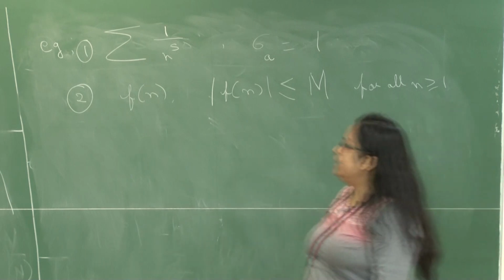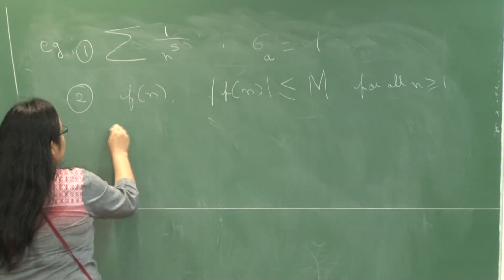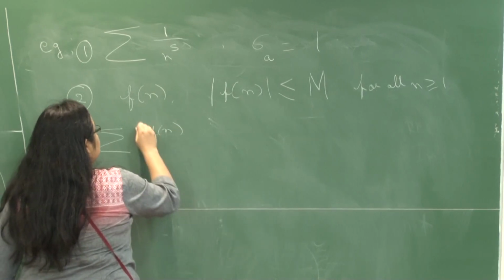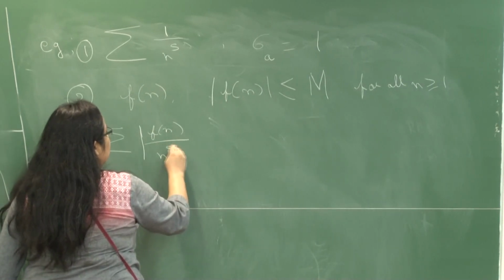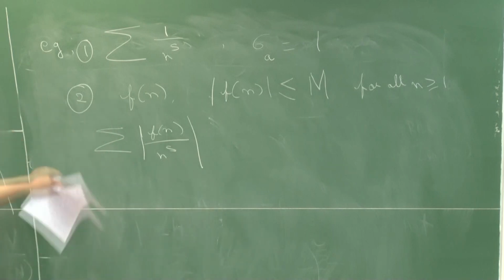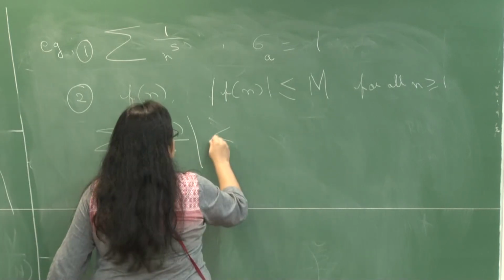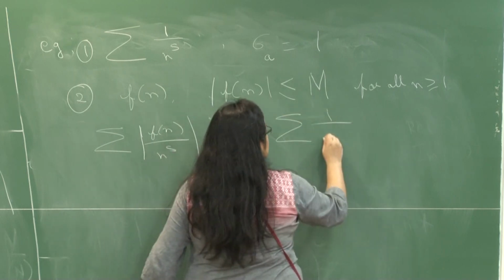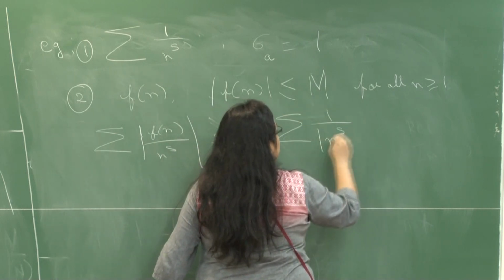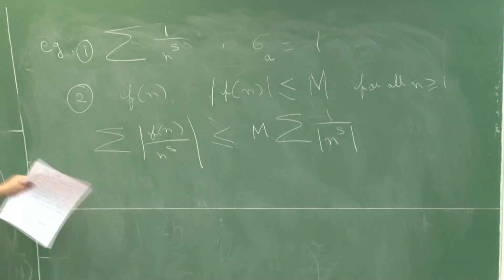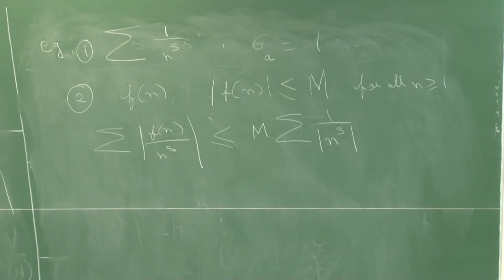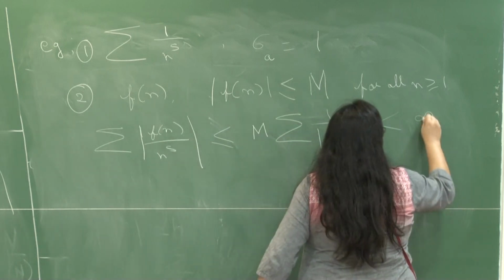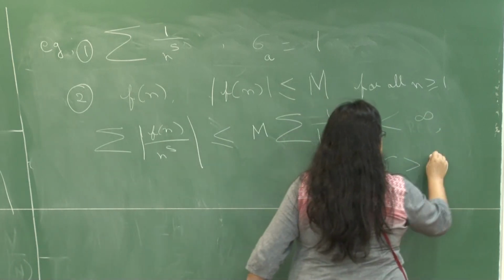In that case, the summation of absolute f of n over n to the s is certainly less than or equal to m times the summation of 1 over absolute n to the s, which is just 1 over n to the sigma, and we know that this is finite whenever sigma is strictly greater than 1.